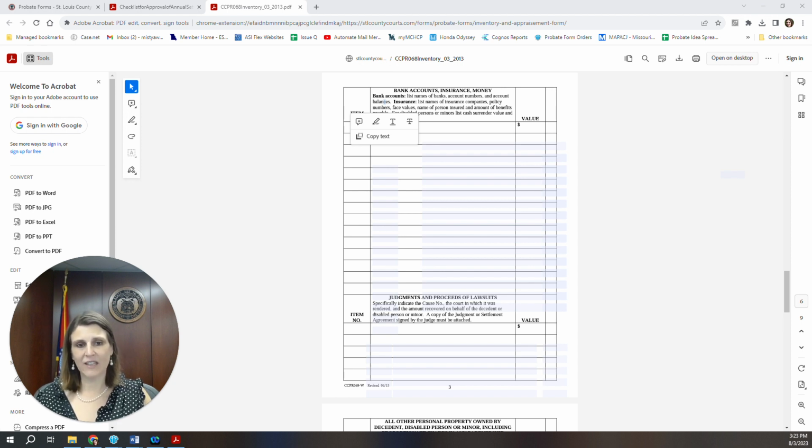If your initial inventory has not been accepted, whenever you are filing that inventory, don't file it under amended inventory. Please file it under inventory until it has been accepted. Once we've accepted the inventory, processed it, and issued an order accepting that, then at that point, if you need to amend the inventory, an amended inventory is just fine.